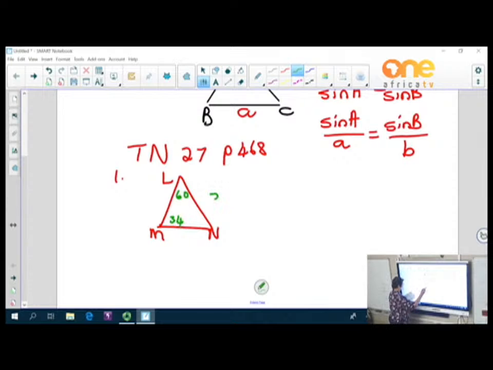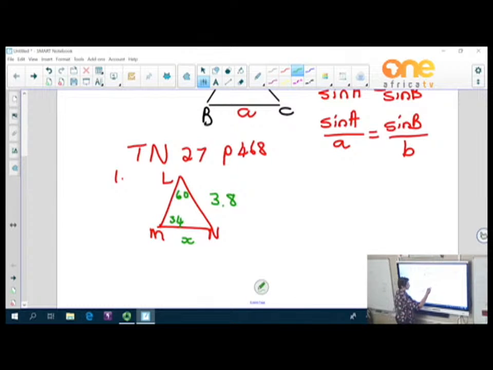LN is 3.8 centimeters, and this is what we need to calculate, MN. So if you look here, you can see I've got a side and an angle, an opposite side and an angle, and the same thing here, the opposite side and the angle. And that's when we're going to use that sine rule.